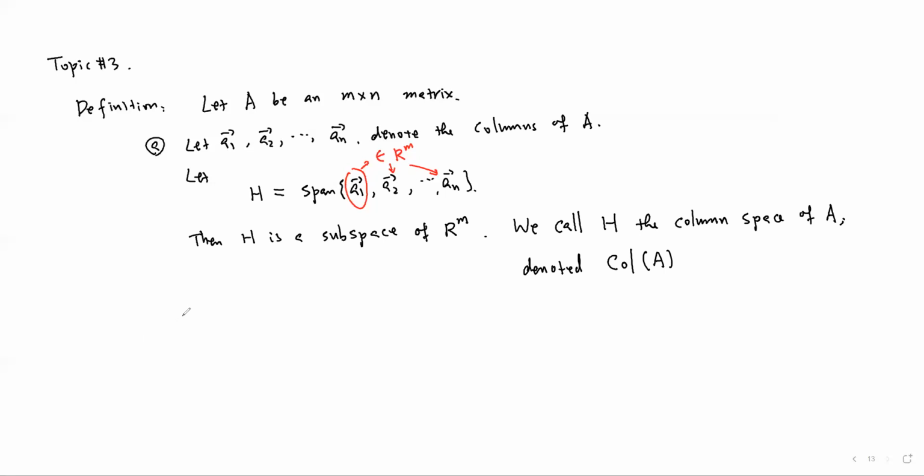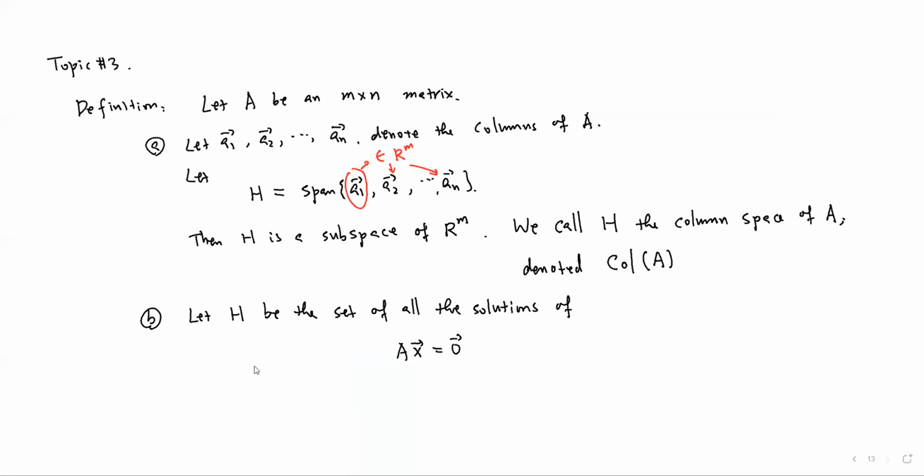Null space. What is the null space of matrix A? Let H be the set of all the solutions of this homogeneous equation, Ax = 0. From a previous example, we see that H is a subspace.